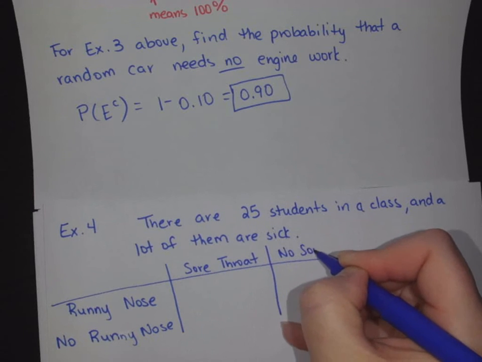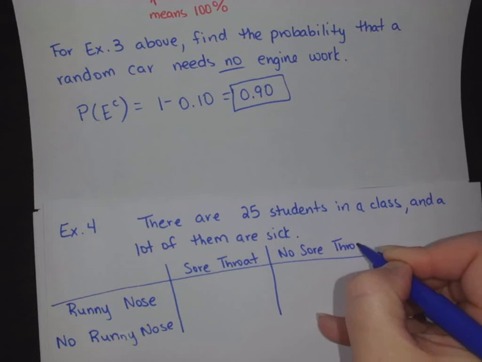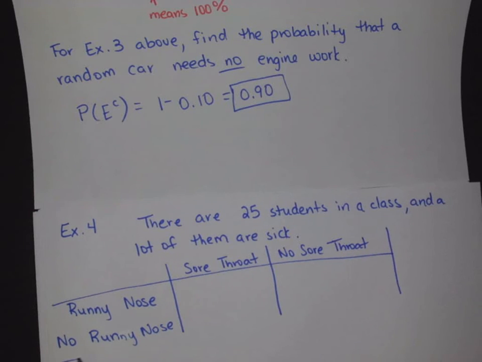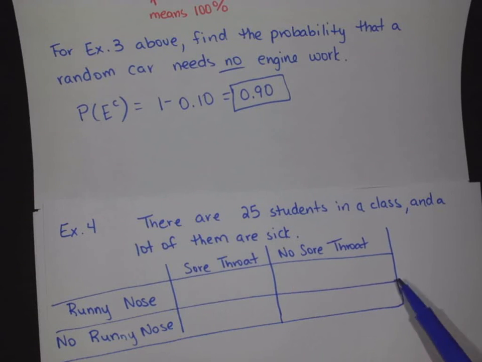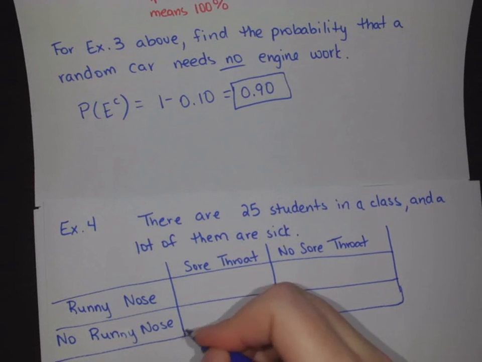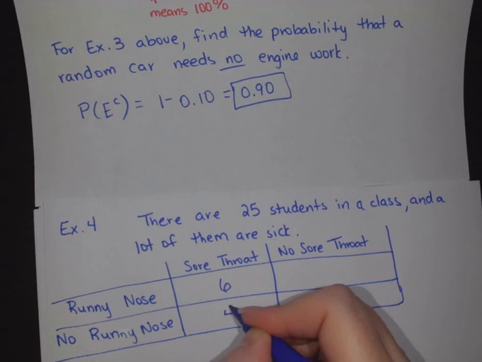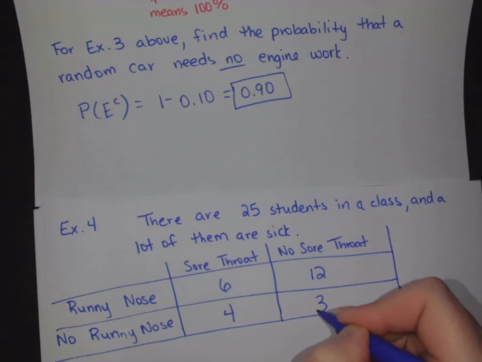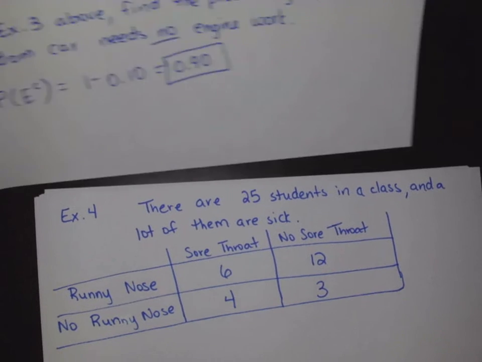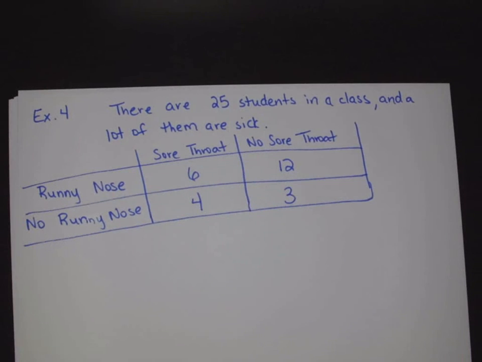But then, of course, we have kids that don't have these symptoms, so you have to have the no option also for both. There are 25 students in class, and let's say they pan out like this. This is the breakdown of the class of 25 kids. Some are sick and some are not.